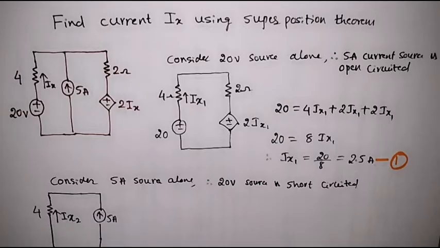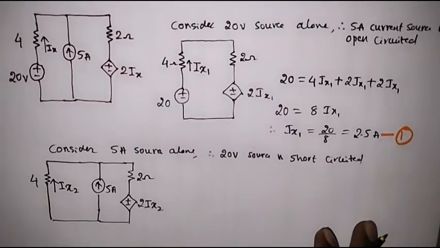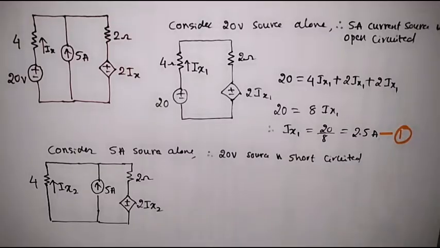This is the 5 amp source, and the 2 ohm resistor will be kept as it is, and the dependent source should be kept as it is, that is 2 Ix2. As the current through the 4 ohm resistor is now Ix2, we consider it as Ix2. Now we'll analyze this circuit and find current Ix2.